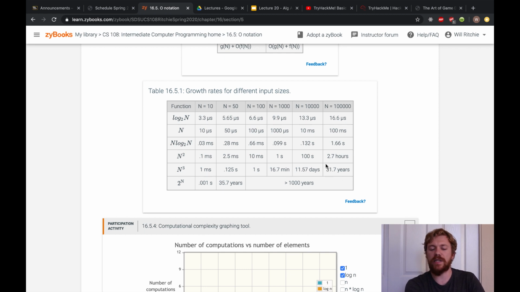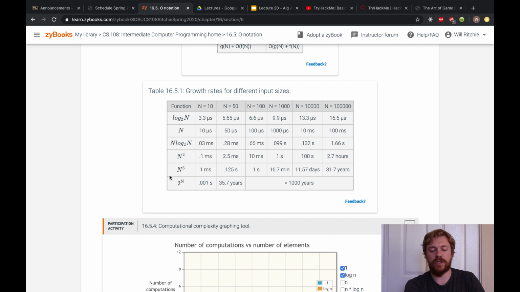And this is why we care about growth rates of algorithms. As n gets bigger, this particular higher order function is going to take a very long time to compute what we're looking for.